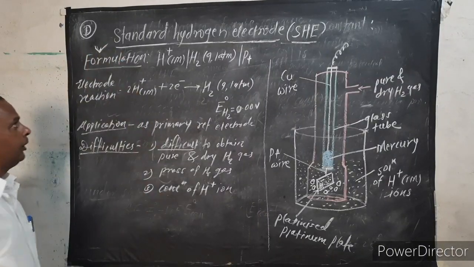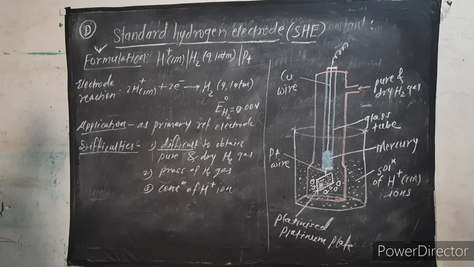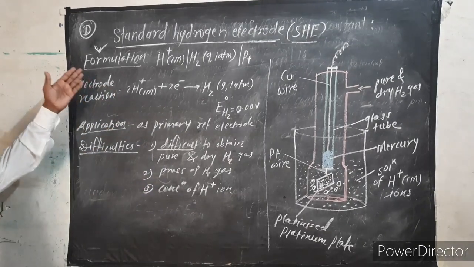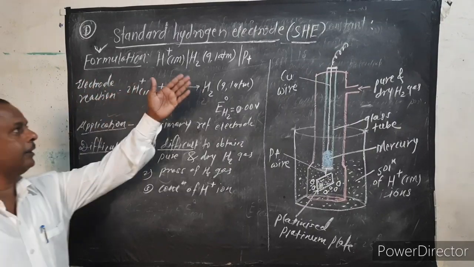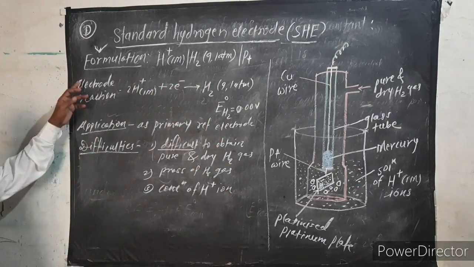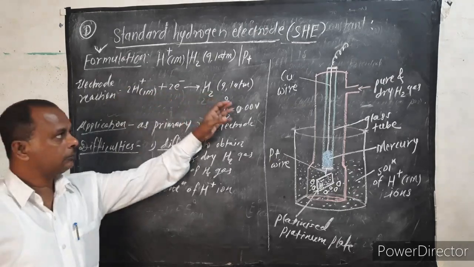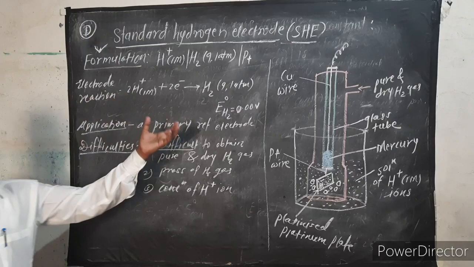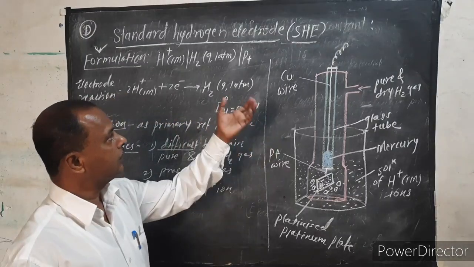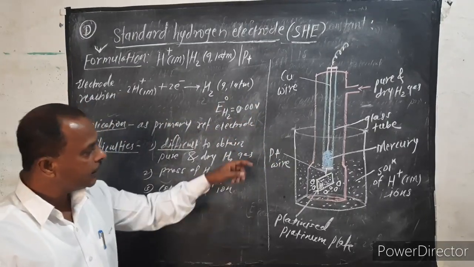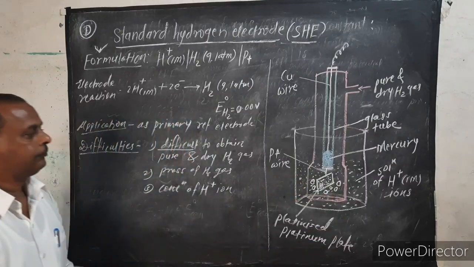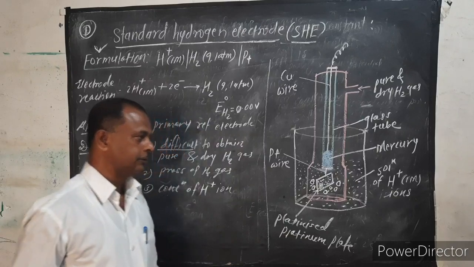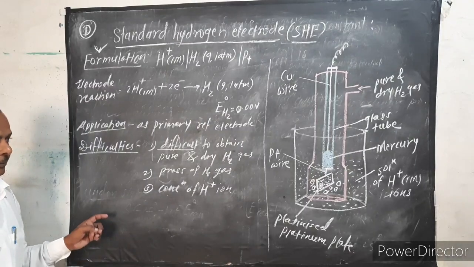Now, the next point is the standard hydrogen electrode. As already seen with the reference electrodes, the standard hydrogen electrode is a primary reference electrode. So, what is the standard hydrogen electrode? It is an electrode in which pure and dry hydrogen gas is bubbled around a platinized platinum plate at 1 atmospheric pressure.